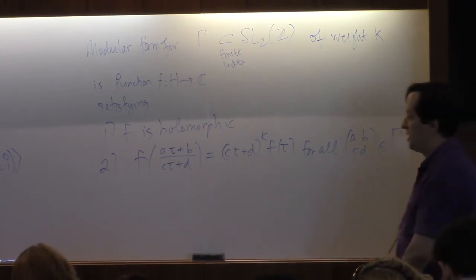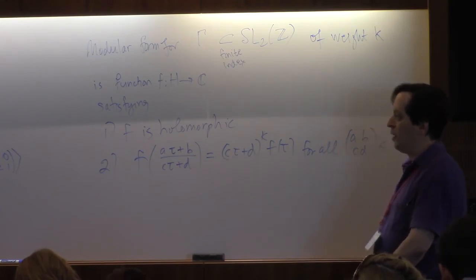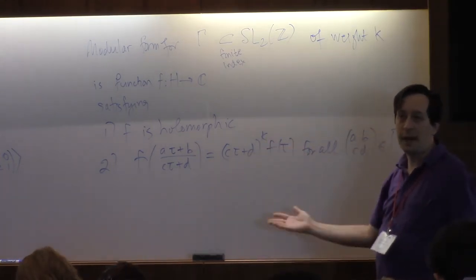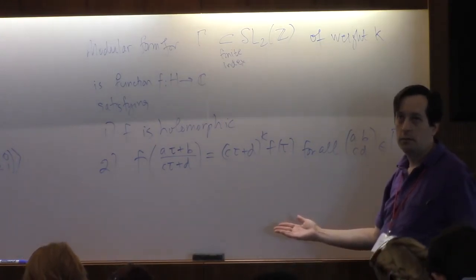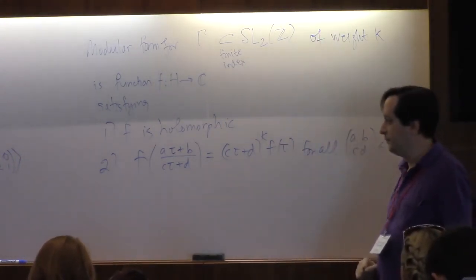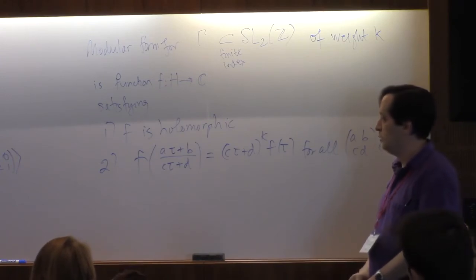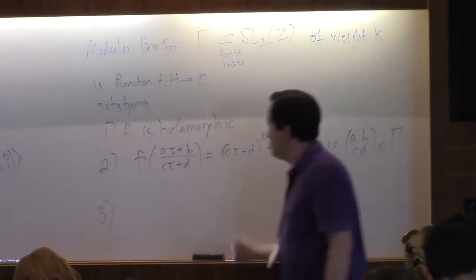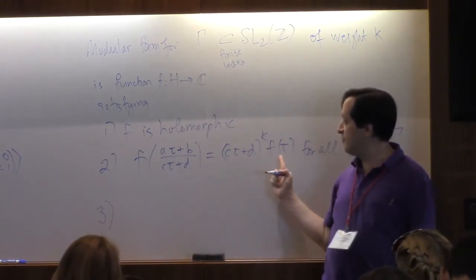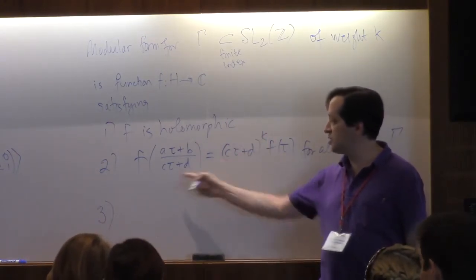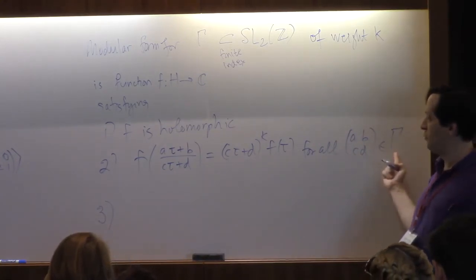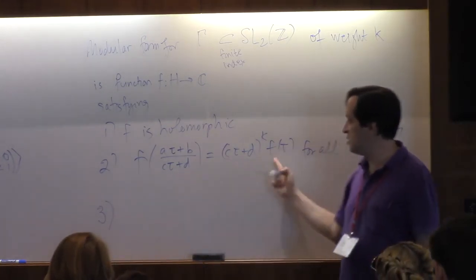And then I need a third condition. Remember, for a modular form on all of SL2Z, the third condition is that the function is bounded as you go off to infinity. So the generalization of that, you notice in this case that f of tau is equal to 1 over this times that. Inside, for things in this subgroup, 1 over this times that is equal to f.